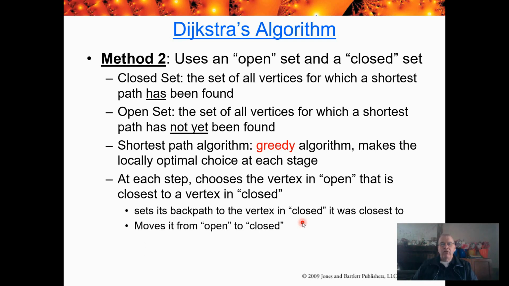The open set are those that are still open for consideration. Again, it's a greedy algorithm, and at each step you choose the vertex in open, and you set a backpath in the vertex that's enclosed in order to go back later and find the paths, and move it from open to closed.